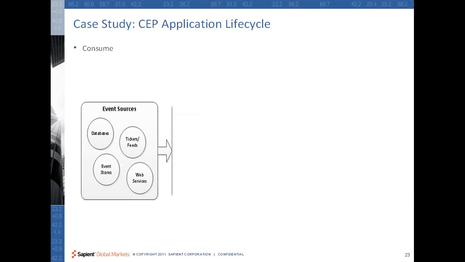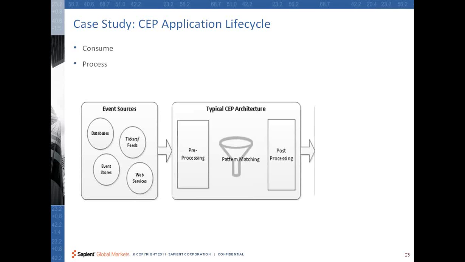So this picture illustrates a typical CEP application architecture irrespective of the platform that we saw on the previous slide. The event sources are responsible for producing and sending the events. The source should be publishing events like tickers.